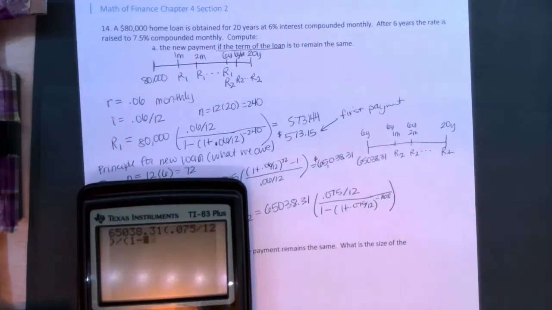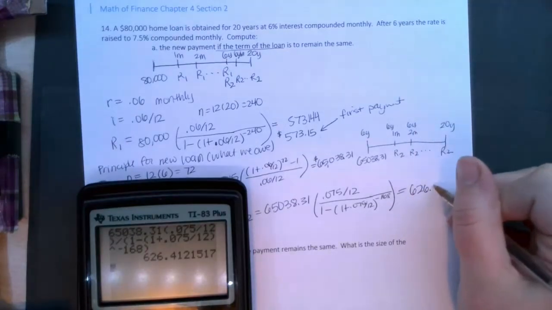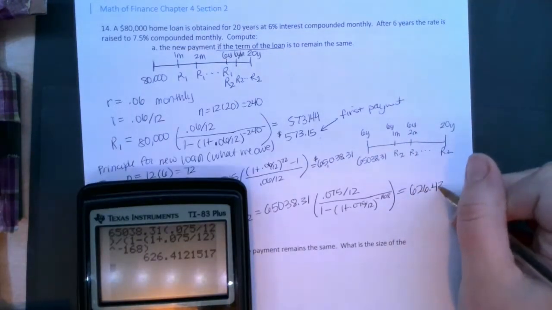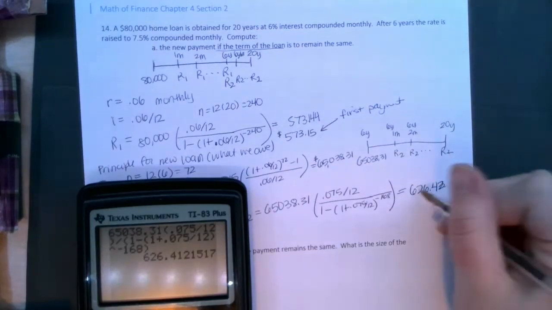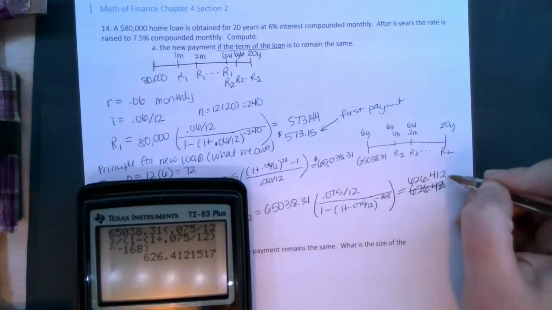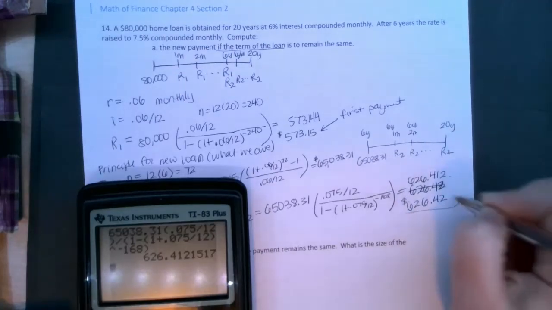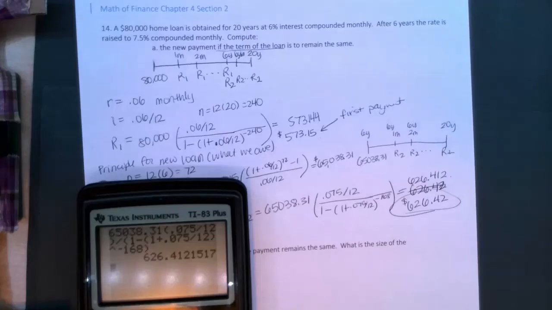Now we do our denominator, our 1 plus. So our new payment is, sorry, we get 626.41, and then we're going to round up because it's a payment, so 626.42 would be our new payment.